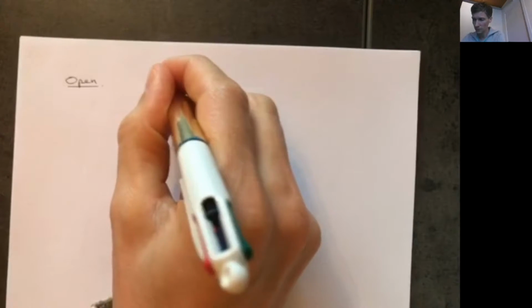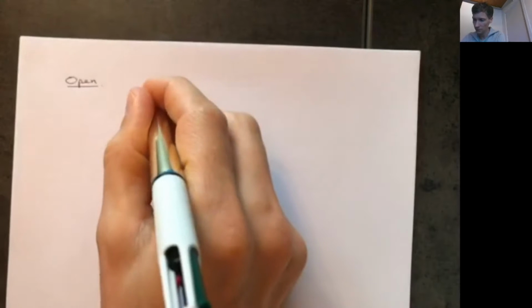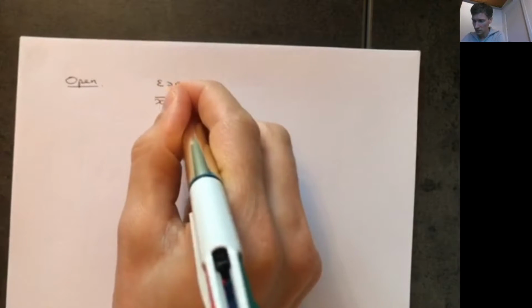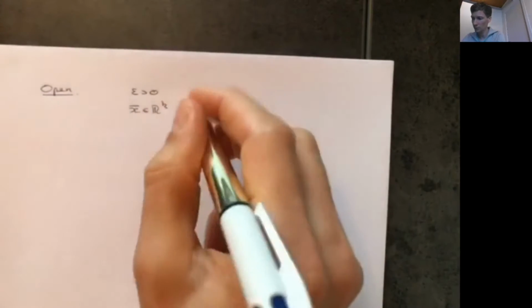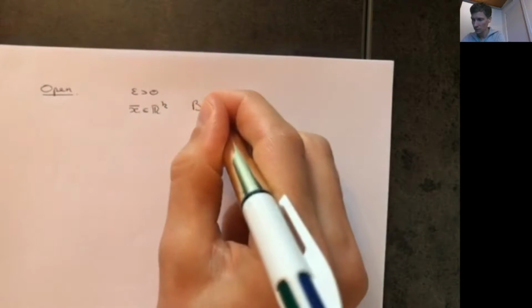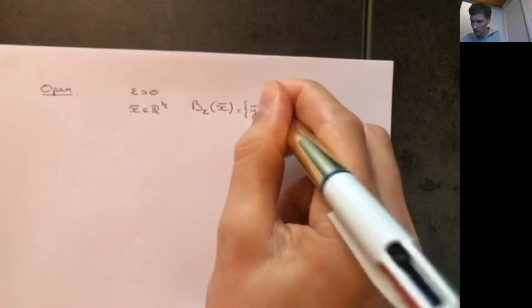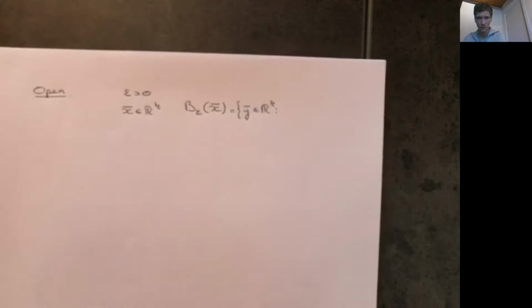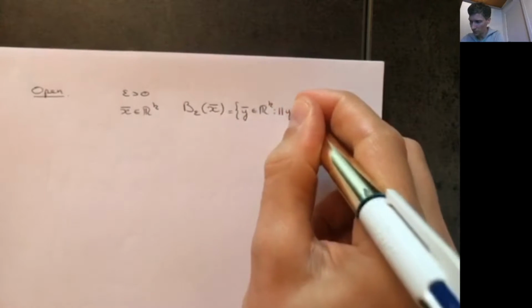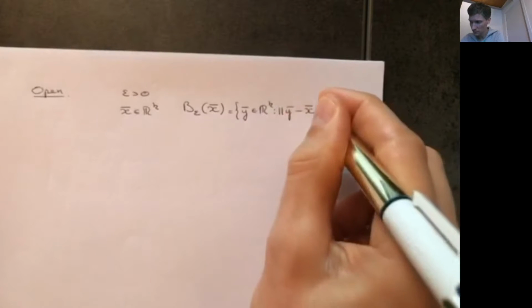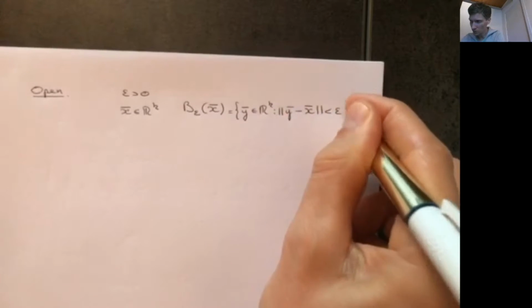So before we get to the definition, let me introduce some notation which will, I hope, make our life a bit easier. So let's take a number epsilon strictly bigger than 0, and let's take a vector x in Rk. Okay, and now I'm going to define the set B epsilon x, and these are all the vectors y in Rk such that the distance between y and x is smaller than epsilon.